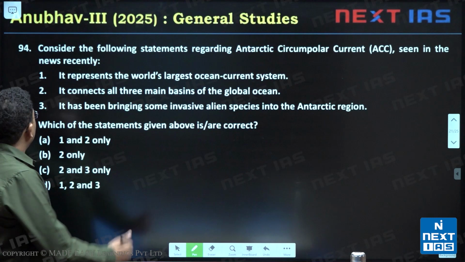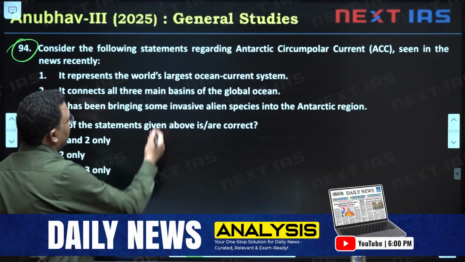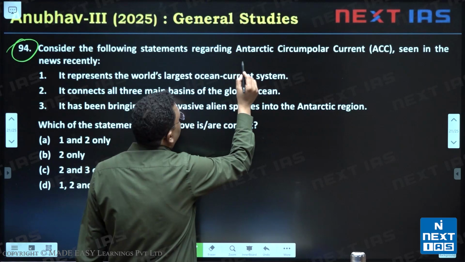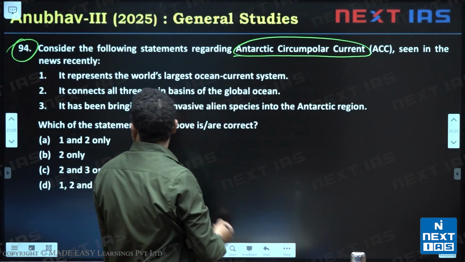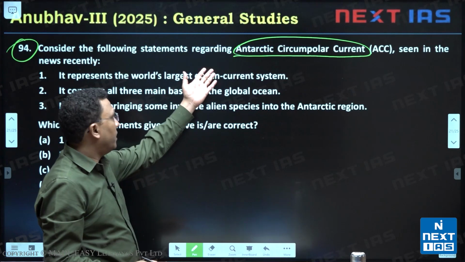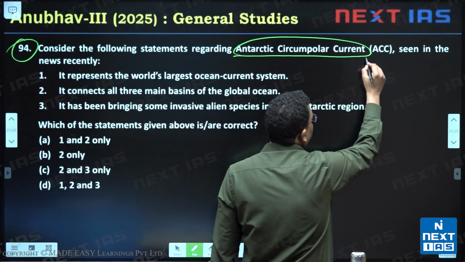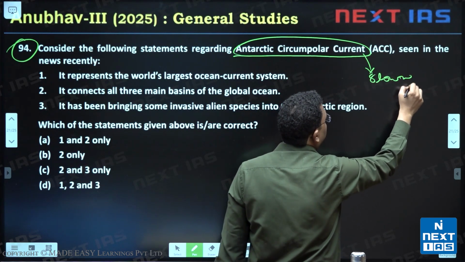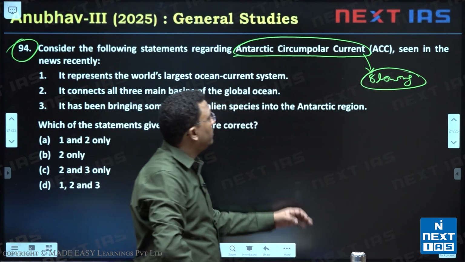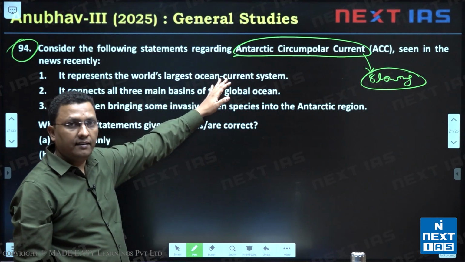Now let's move on to the next question, that is question 94. It says consider the following statements regarding Antarctic circumpolar current seen in the news recently, right? So Antarctic circumpolar current was in the news because a study found that it is slowing down because of the melting of Antarctic ice, right?